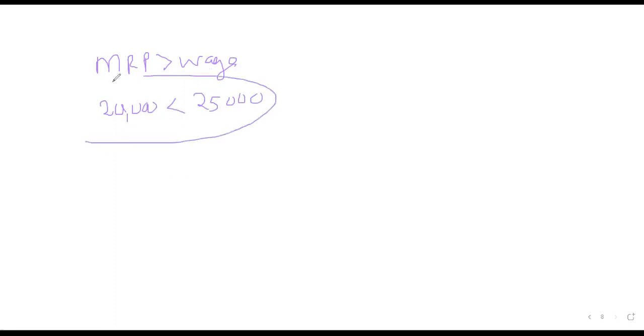So in this case, we can decide not to employ because our employee is not bringing in as much. Are we together? So we're not going to employ this particular laborer because the marginal benefit we're getting from him is not as much.